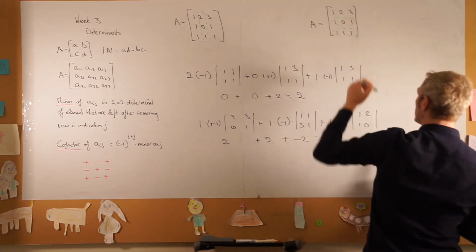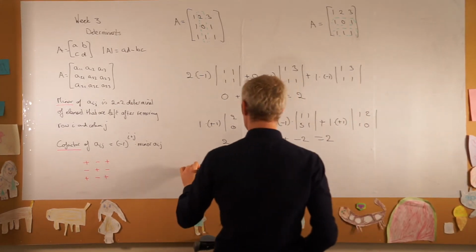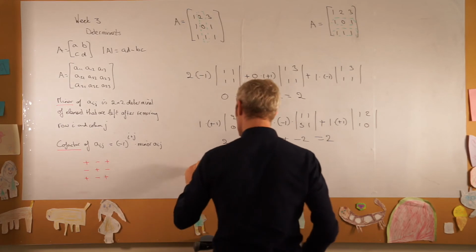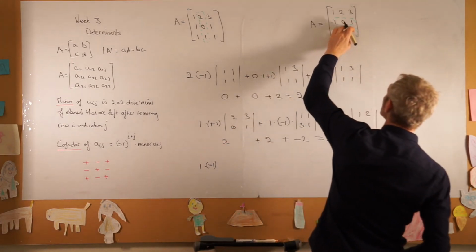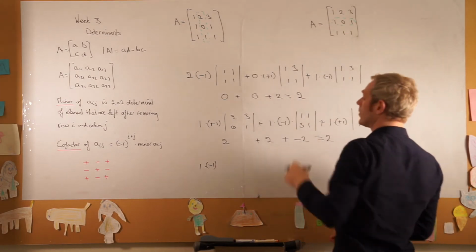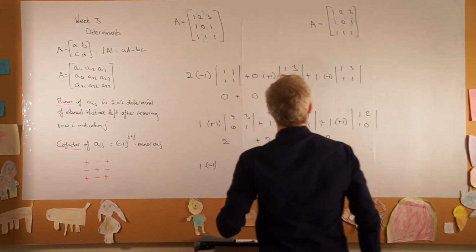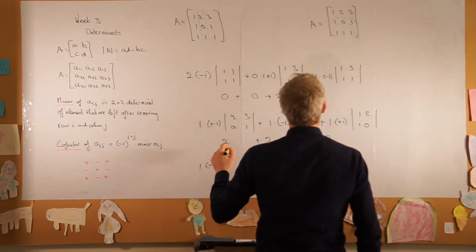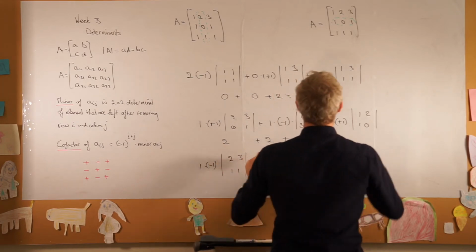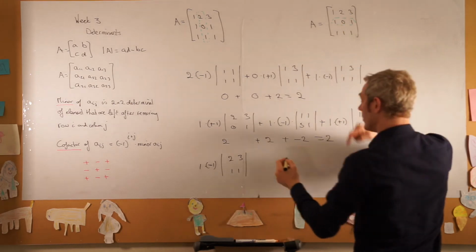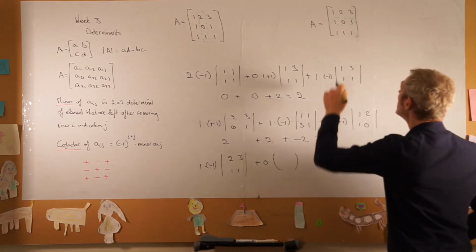I do the second row. So I get 1 times minus 1. I'll just remove these. So we're using the second row now. 1 times minus 1, because this first element's sign is a minus 1, times the determinant 2, 3, 1, 1, plus 0 times whatever.